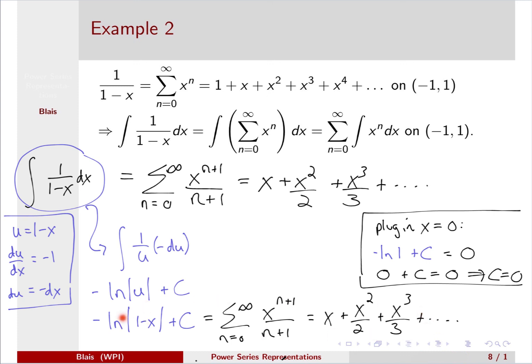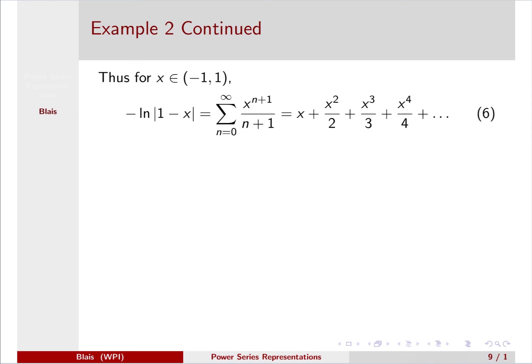And that gives us a power series representation, with the same interval of convergence, for the function negative natural log of the absolute value of 1 minus x. And so we have this new way of writing this function, which we achieved via power series integration.